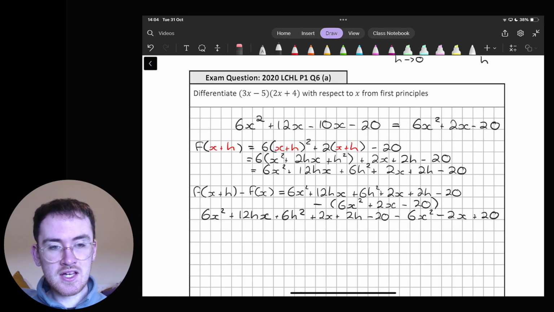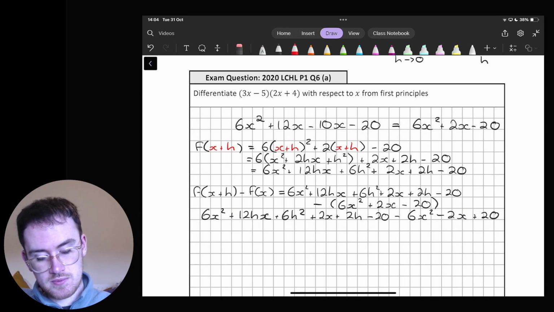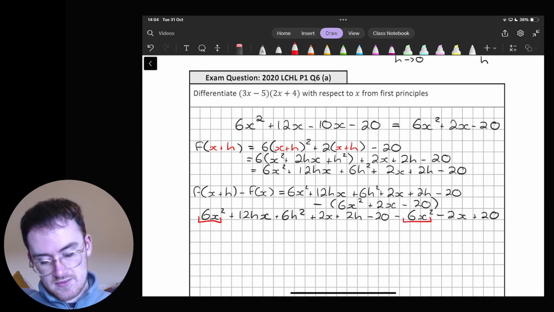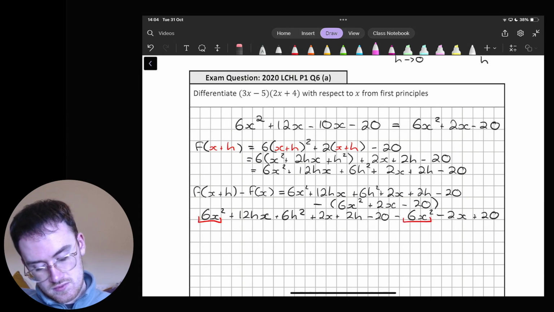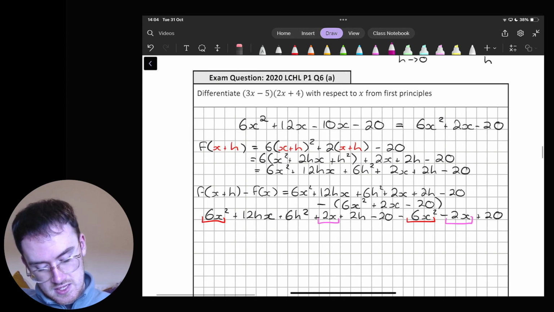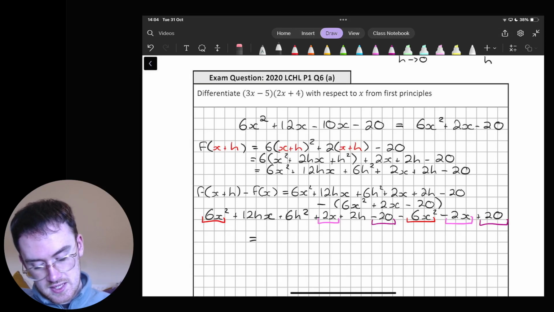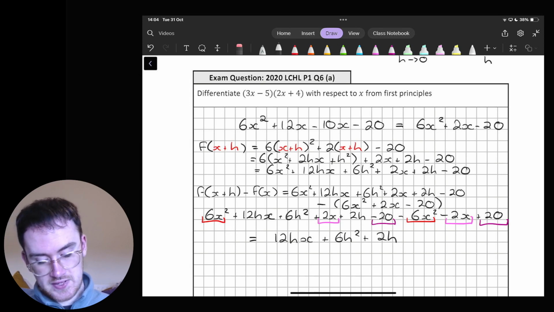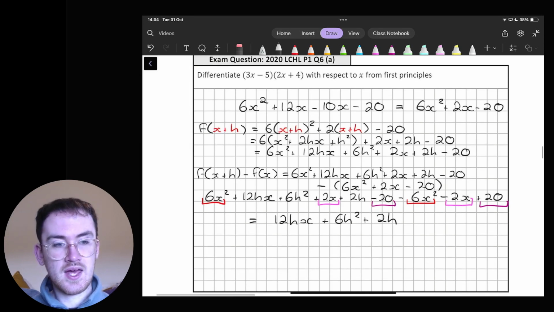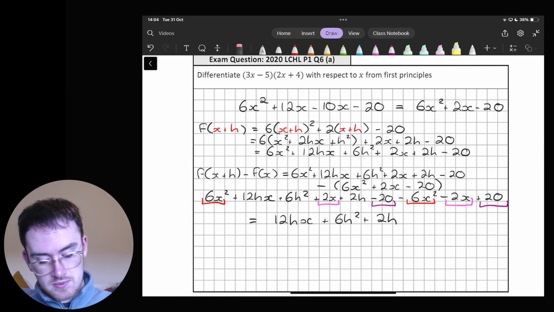Simplifying all that down, accounting for any terms that cancel each other out, we have that term there, my 2x and my minus 2x, and also my minus 20 and my plus 20. So what I'm left with is 12hx plus 6h squared plus 2h. That's going to be the top of my fraction.